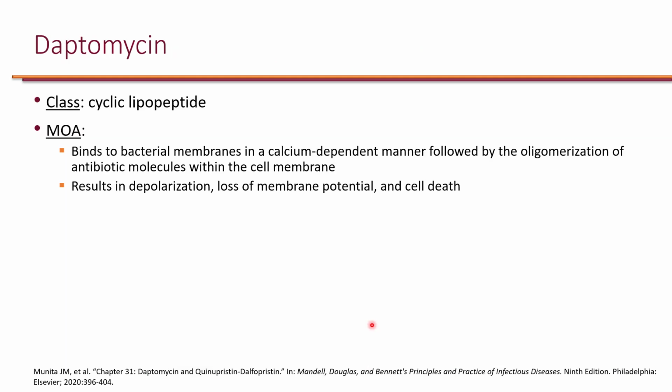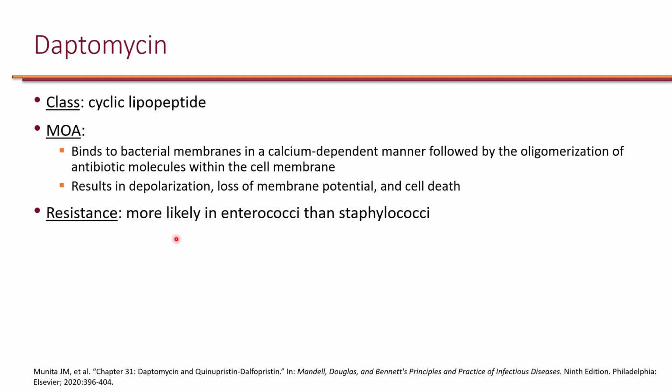Now, daptomycin, let's talk about the mechanism of action of daptomycin. Its class is cyclic lipopeptide. It binds to bacterial membrane in a calcium dependent manner, followed by the oligomerization of antibiotic molecules within the cell membrane, which results in depolarization, loss of membrane potential, and cell death. So that's the mechanism of action.